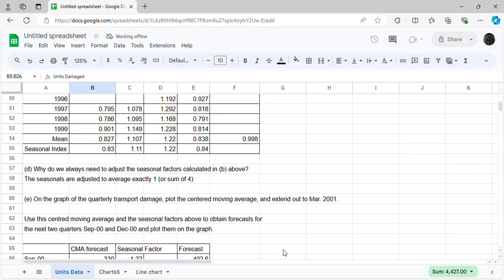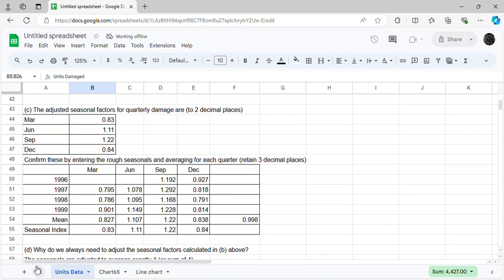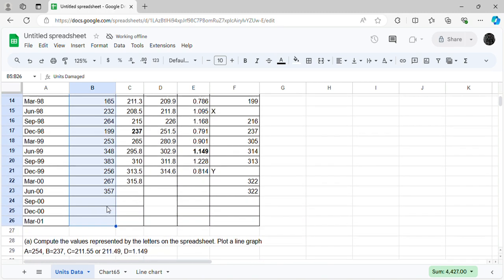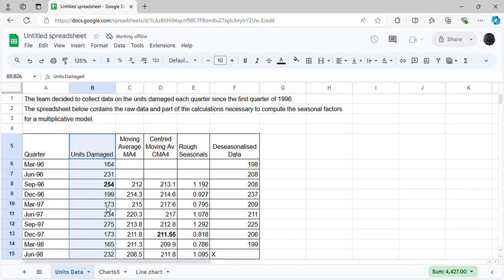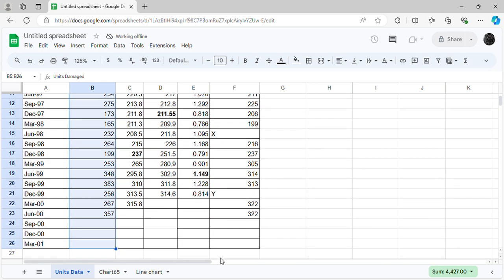Retain 3 decimal places. So we make a two-way table. The columns are labeled March, June, September, December, and the rows are labeled 1996, 1997, 1998, 1999. We don't include 2000 because the rough seasonals end at December 1999.